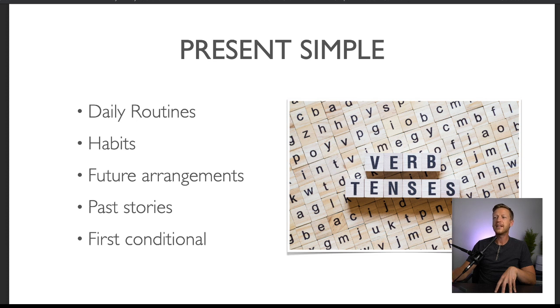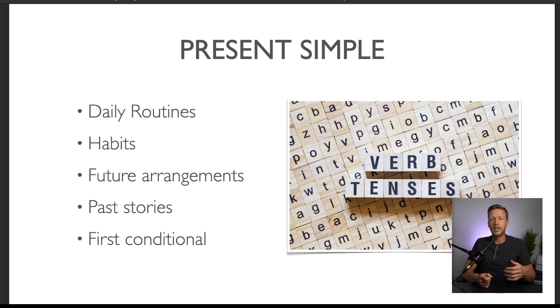This is important because I like to focus on how to use verb tenses, in which situations, and to give you examples. Getting lots of example sentences is going to teach you the grammar rules, the structure.